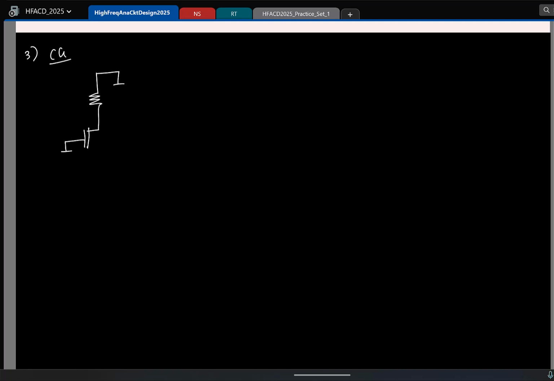So gate is common. I apply a small signal Vi at the source. This is Rd. This is Vout. Again, let's ignore R0 to avoid confusions. So what do you think is the small signal Vout here?